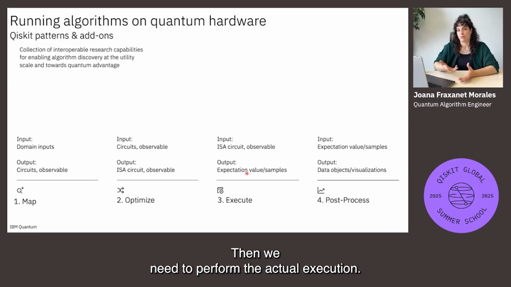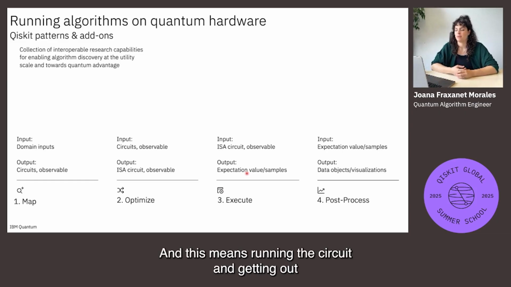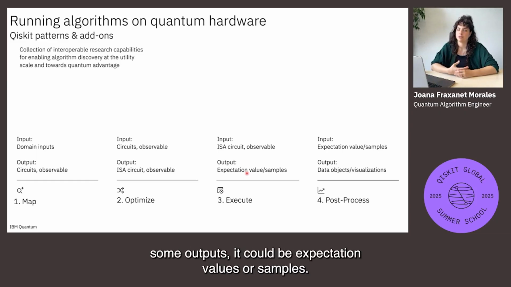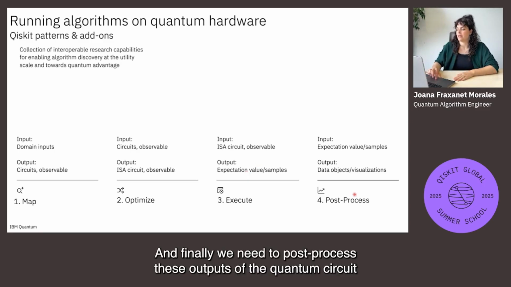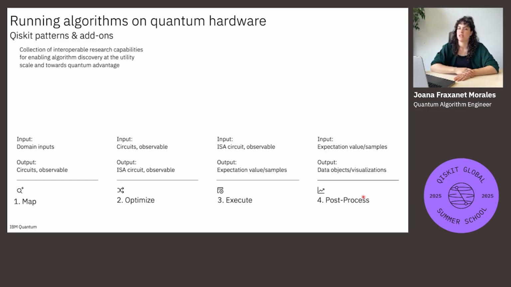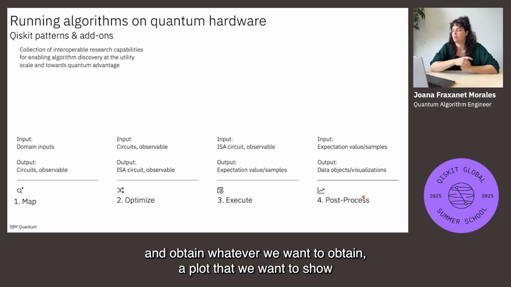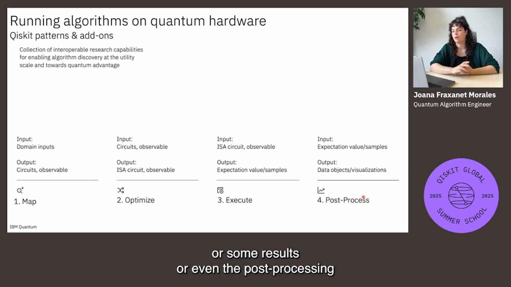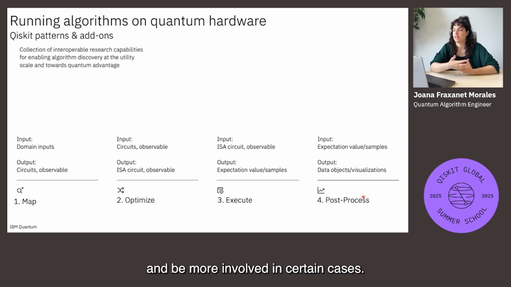Then we need to perform the actual execution, and this means running the circuit and getting out some outputs, could be expectation values or samples. And finally, we need to post-process these outputs of the quantum circuit and obtain whatever we want to obtain, a plot that we want to show, or some results, or even the post-processing can be more involved in certain cases.